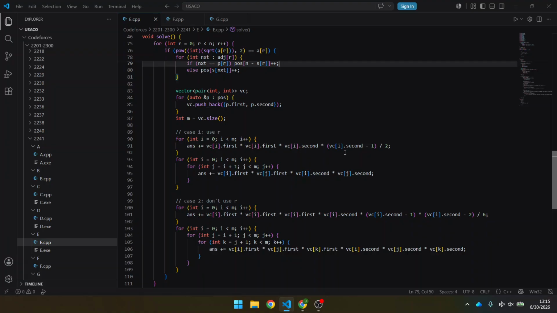These two don't use R. We choose any 3 of those.